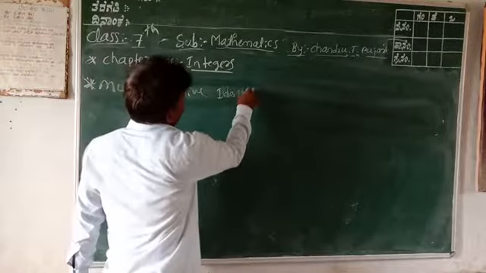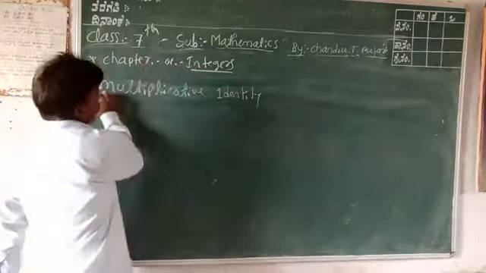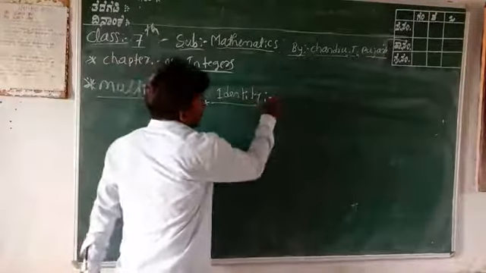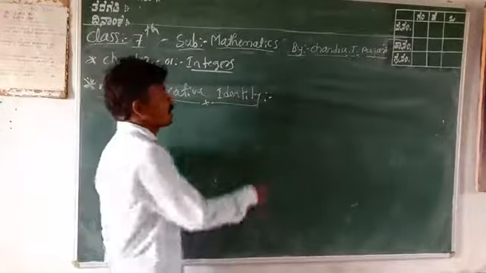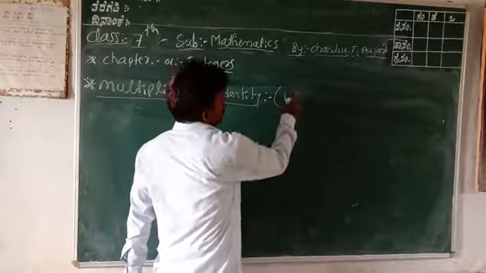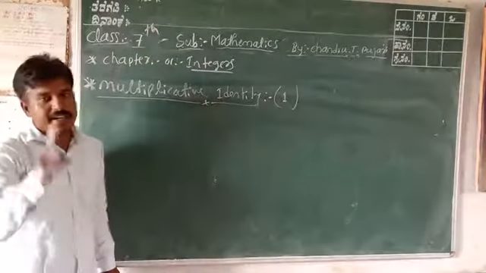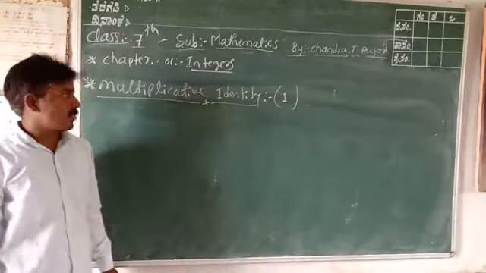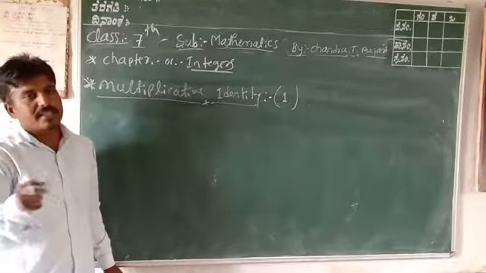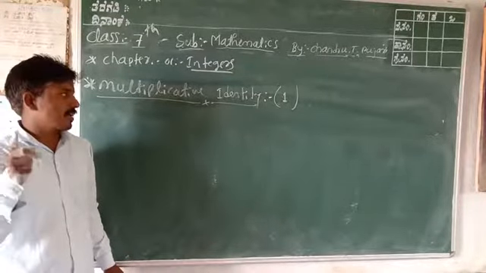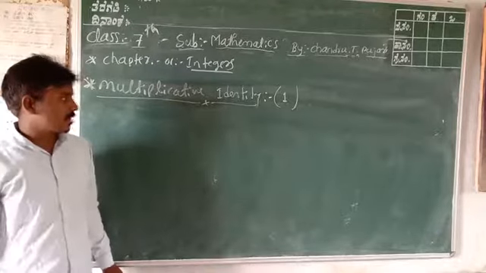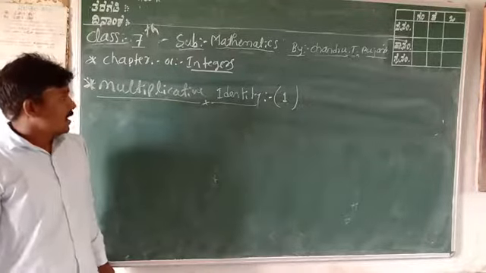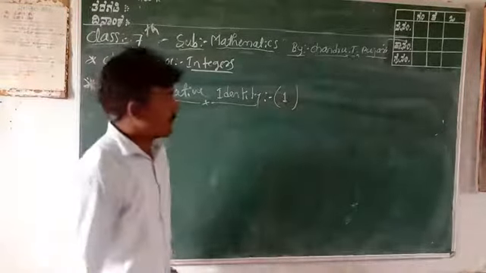This is also most important. Multiplicative identity is very important. The only multiplicative identity is 1. Multiplicative identity is 1. That is most important in your previous classes and also in your quiz competitions, CET questions and so on. Next, what is the meaning of multiplicative identity?